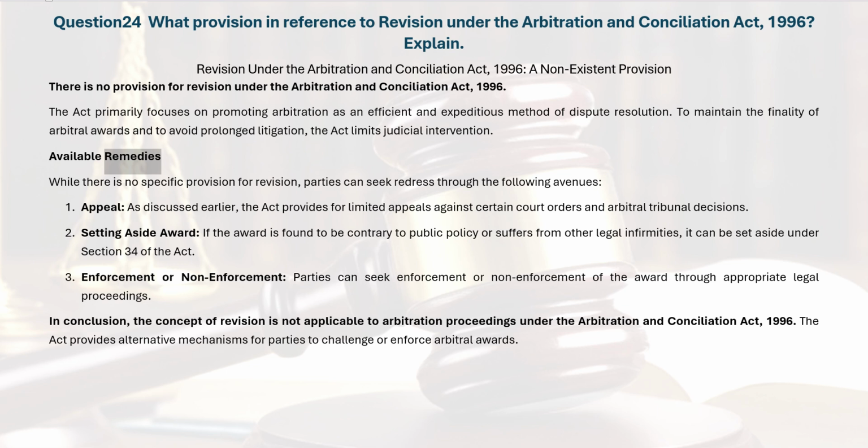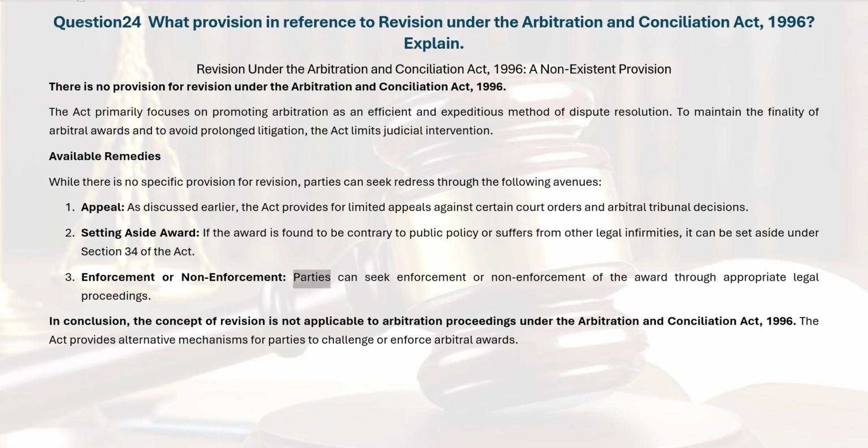Available remedies. While there is no specific provision for revision, parties can seek redress through the following avenues. Appeal. As discussed earlier, the Act provides for limited appeals against certain court orders and arbitral tribunal decisions. Setting aside award. If the award is found to be contrary to public policy or suffers from other legal infirmities, it can be set aside under Section 34 of the Act.